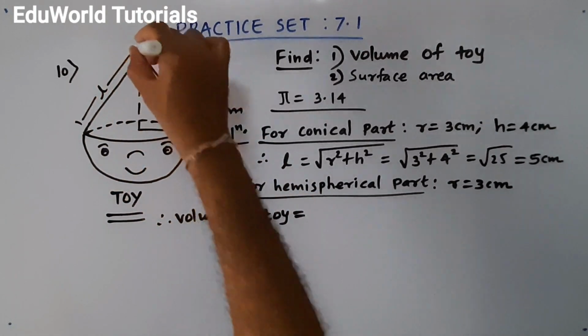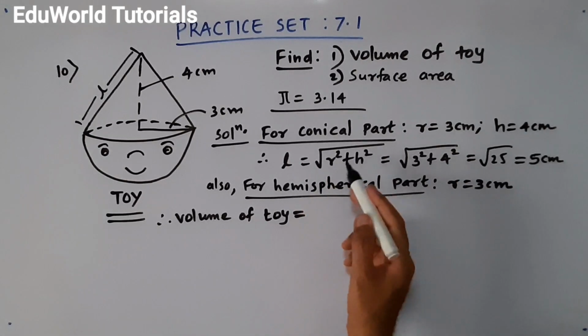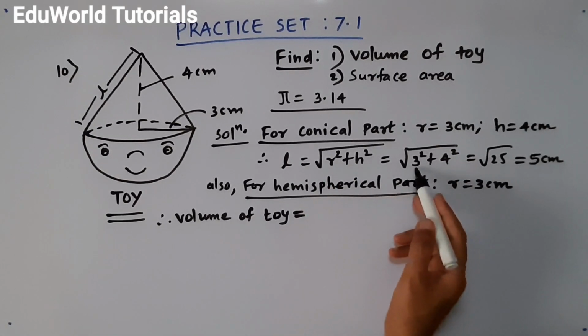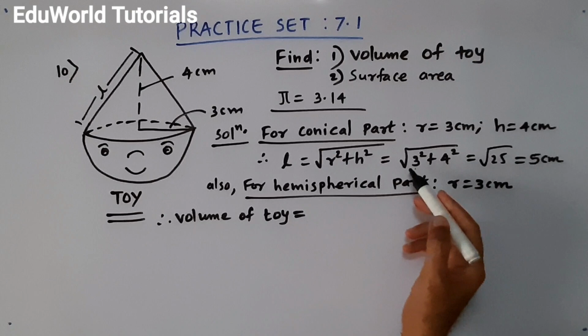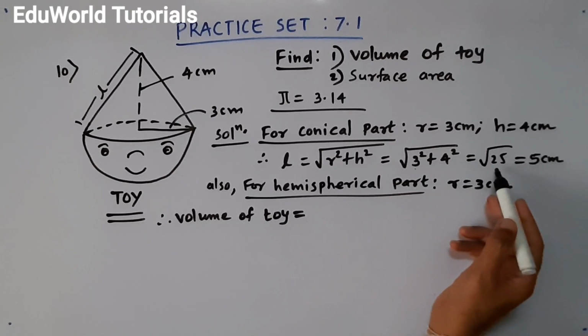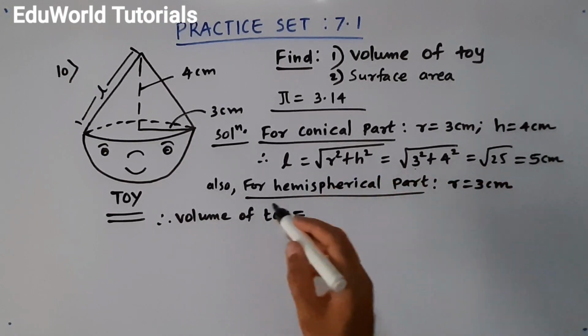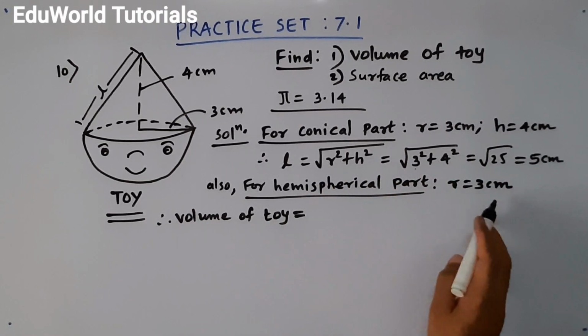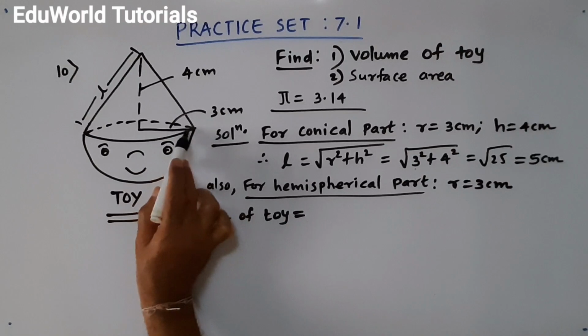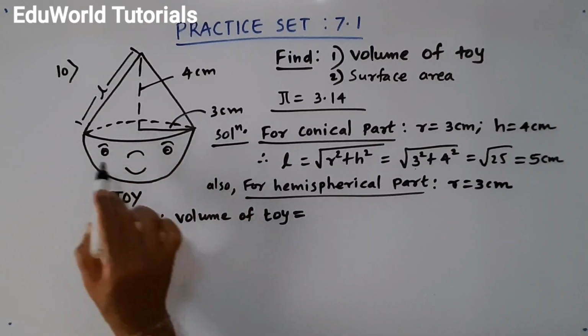We will find it because the formula for L is square root of r square plus h square. Radius is 3 square plus 4 square, 9 plus 16, that total is 25. Root 25 is 5 cm. Slant height is 5 cm. Hemispherical part has radius 3 cm that you are seeing. This is the radius for hemispherical part also.